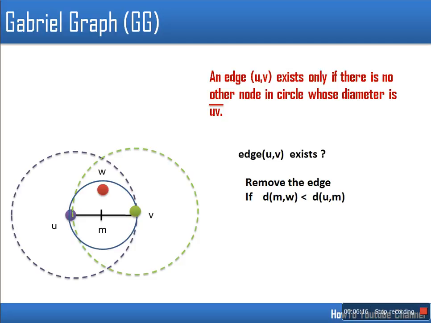So we can write a property: if the distance between M and W, which is this one, is less than the distance between U and M, then node W is inside the circle and that edge has to be removed. This technique can also be applied to convert a non-planarized graph into a planar one.